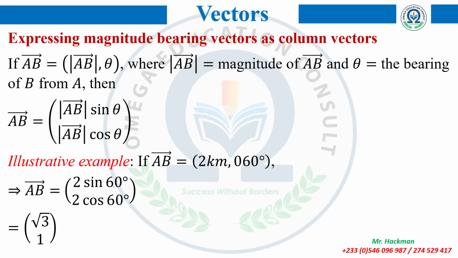When you are writing it here, don't precede it with 0. Just write the exact angle there, and don't forget your degrees. Sine 60, then 2 cos 60. The rest will be calculator work, which will give you this. Use your calculator to do this, though I can use my head, because 60 is a special angle.